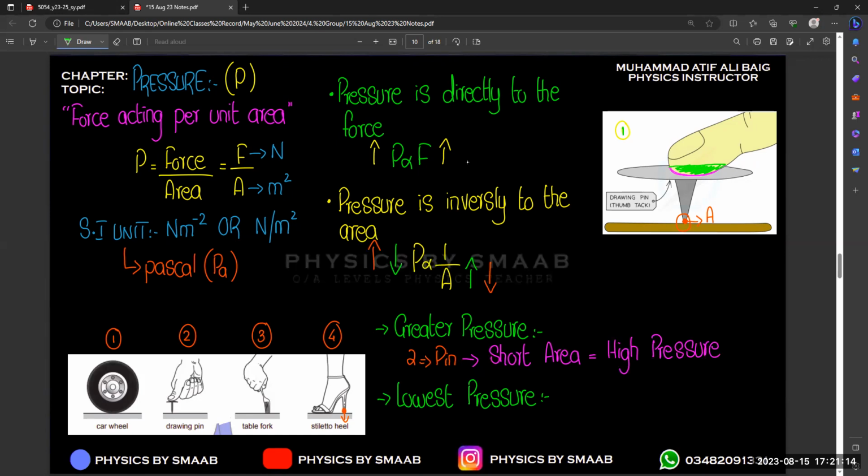One is at the point of the heel, and the second on the front part of that foot. So that's why we can say that the lowest pressure will be on the tire. Because there are no values given, for the time being we just compare these. So in this example, the wheel of the car gives you the lowest pressure.